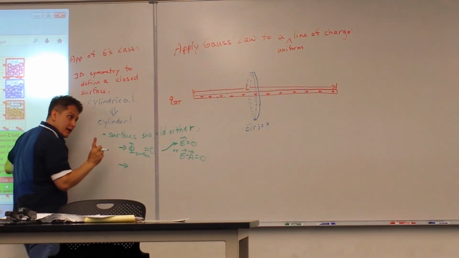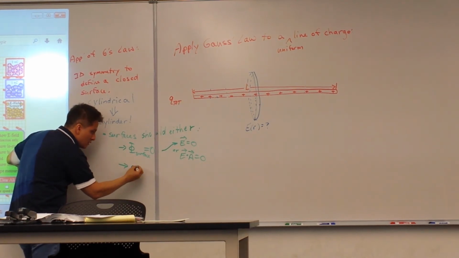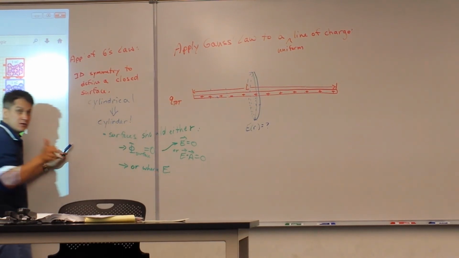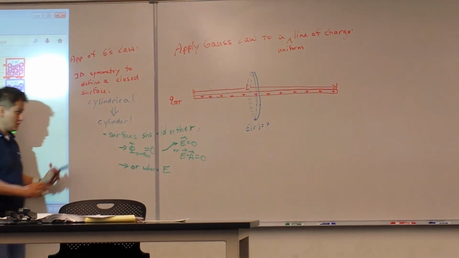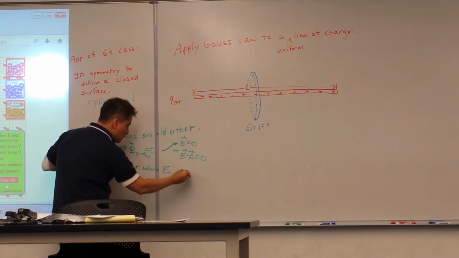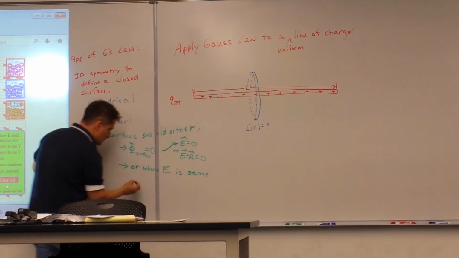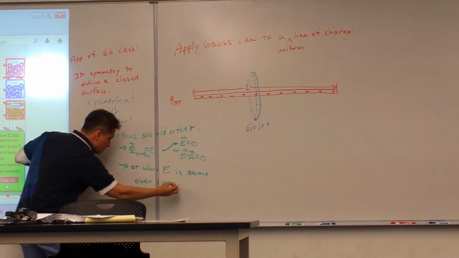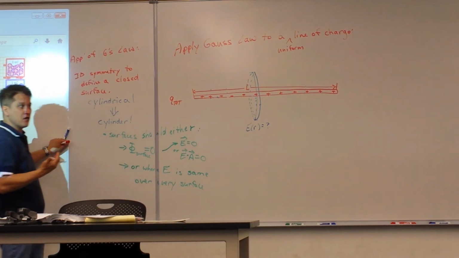The other thing that we can get away with is to pick surfaces where the magnitude, not the direction, but the magnitude of the electric field is the same over every surface. And those are the two fundamental things.